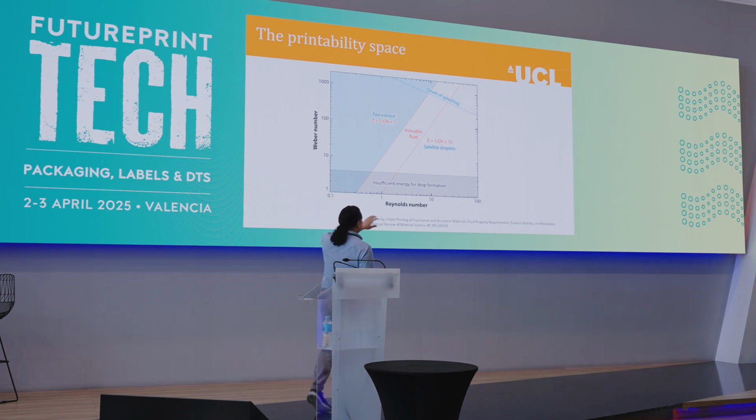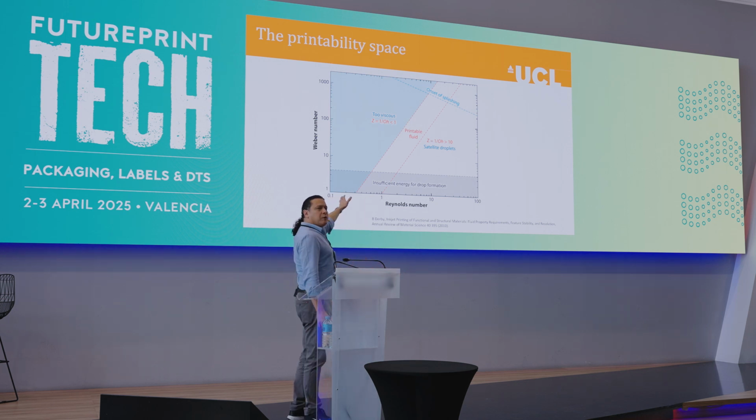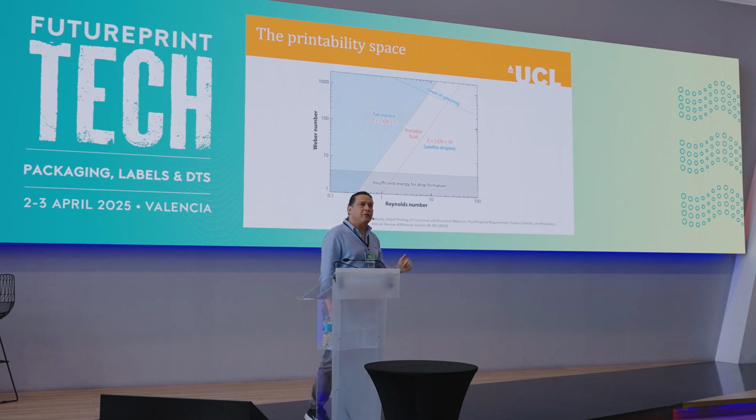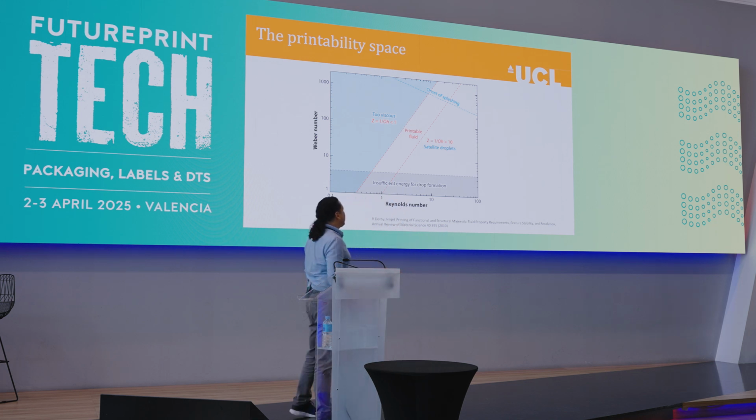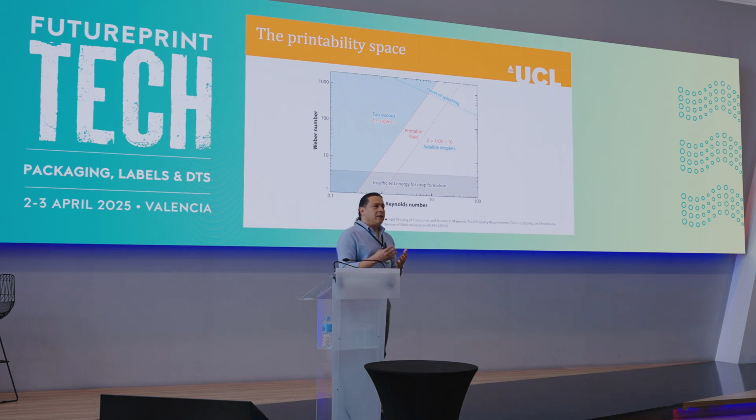And as long as you are in that region called printable fluids, then your inkjet would work for drop-on-demand or for continuous inkjet. Otherwise, you will not have enough power in your heaters or in your piezoelectric elements to produce the jetting, or maybe the droplet is too fast and produces a splashing. You might not see it, but then you see misting because you have small droplets coming up out of the spreading, or you simply don't have enough energy to overcome surface tension.